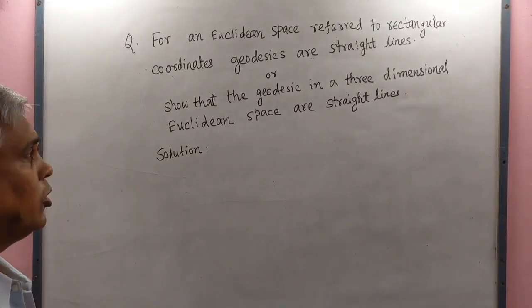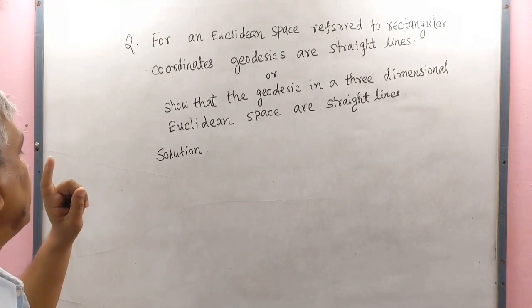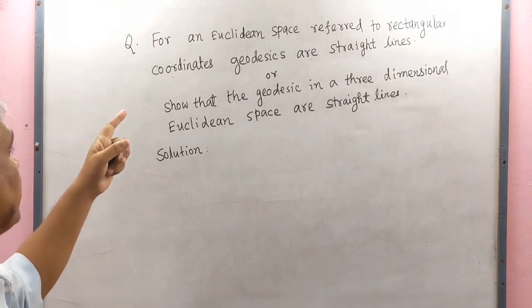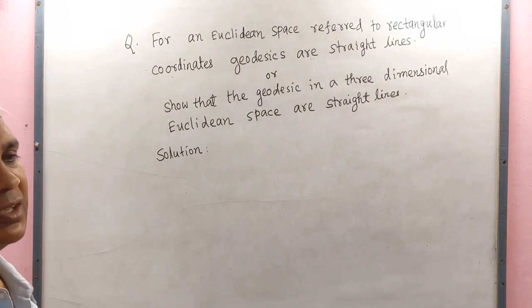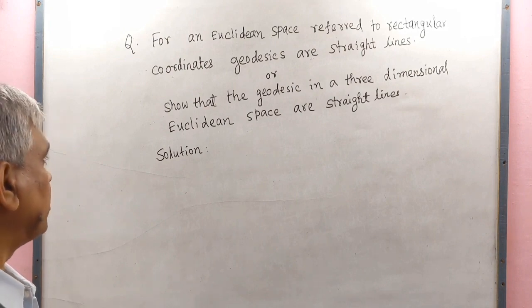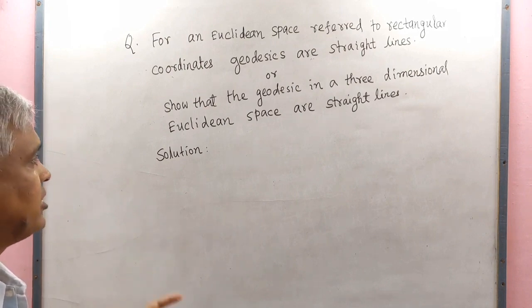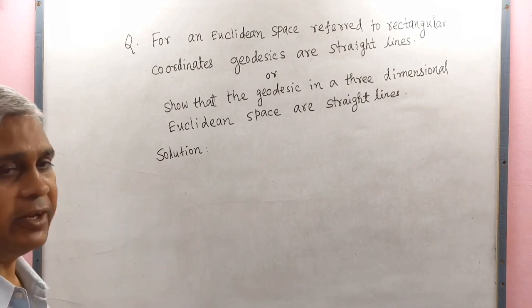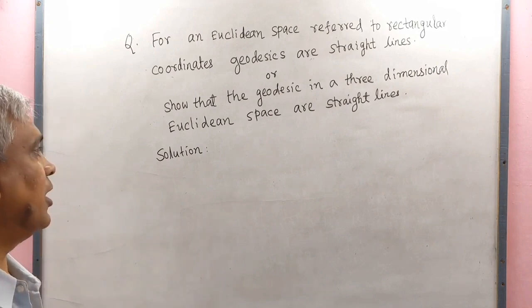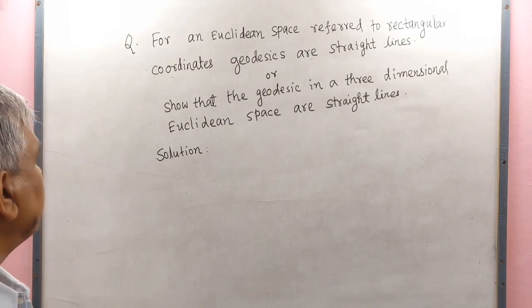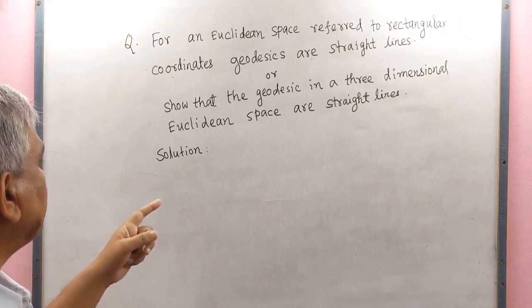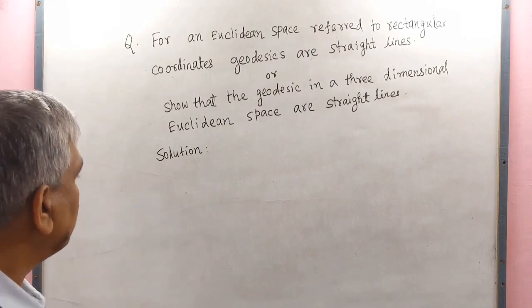Now we solve a problem. Problem is that for a Euclidean space referred to rectangular coordinates, geodesics are straight lines. Or so that the geodesics in a three-dimensional Euclidean space are straight lines. So firstly, we have to write the equation of the geodesic.